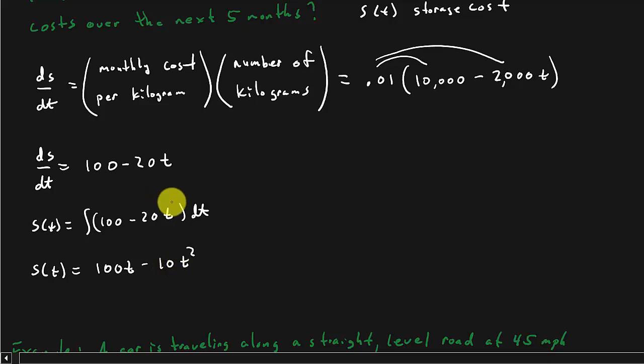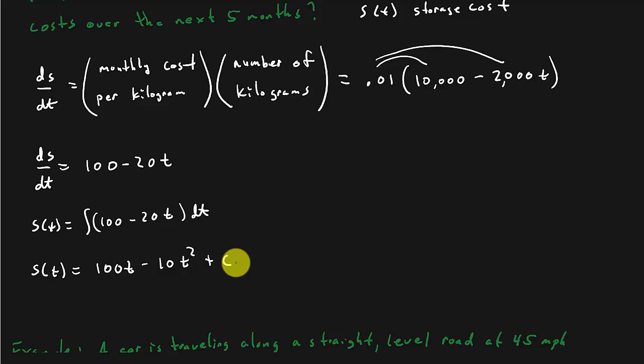We add 1, so that would be t squared. The reciprocal of 2 is 1/2. 20 times 1/2 is 10. And then that would be plus c. Now we've got to figure out what c is.